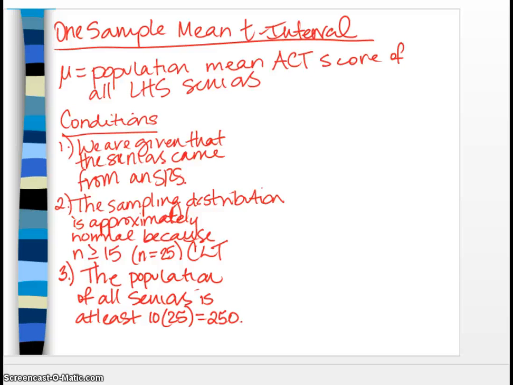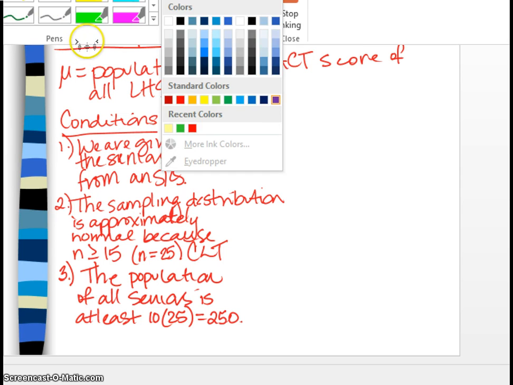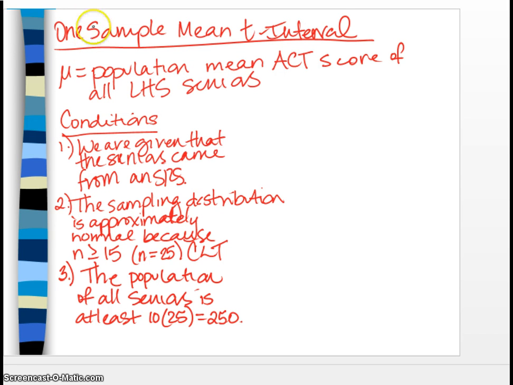Okay, now we can actually get started by finding our interval. So I'm going to spice it up with some new colors here. And our equation is x bar plus or minus t star times the standard deviation, or the standard error, s over square root of n.